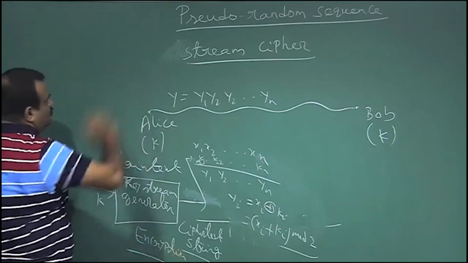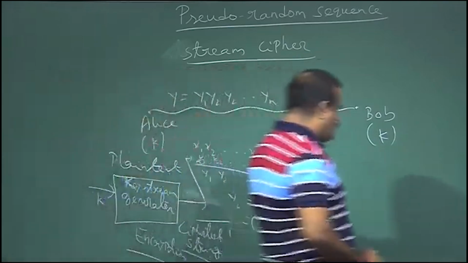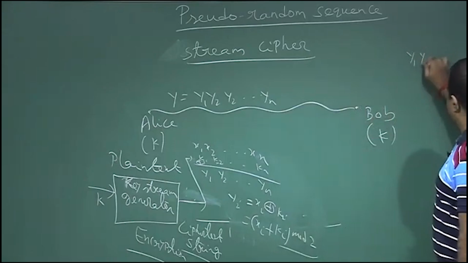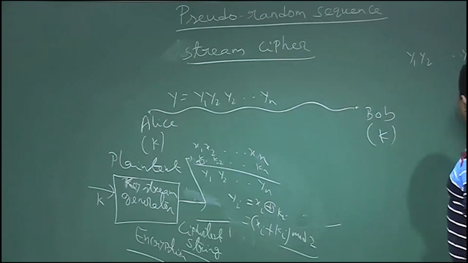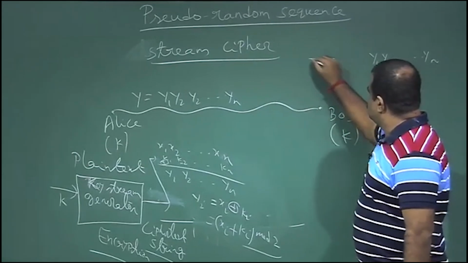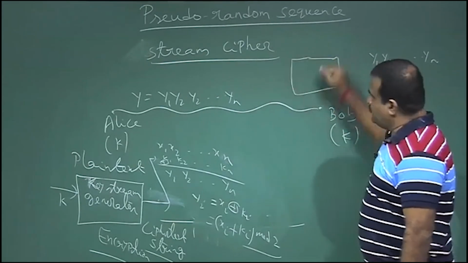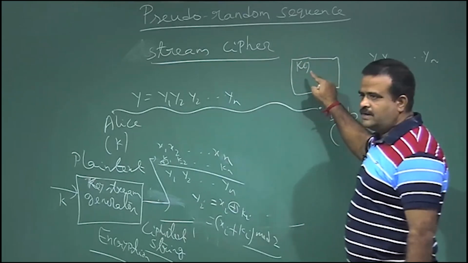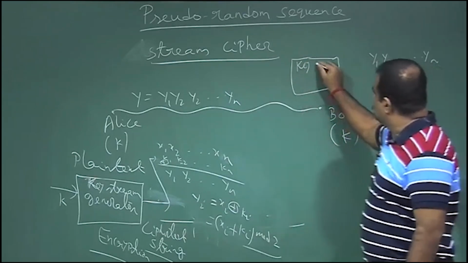Okay, we are talking about stream cipher, and now how will Bob decrypt it? Bob receives the ciphertext string y1 y2 ... and has the same key k. Bob also has this key stream generator. This function is public; the only secret is the secret key.